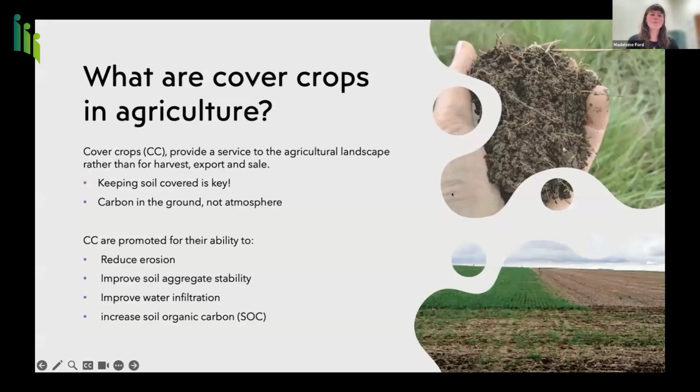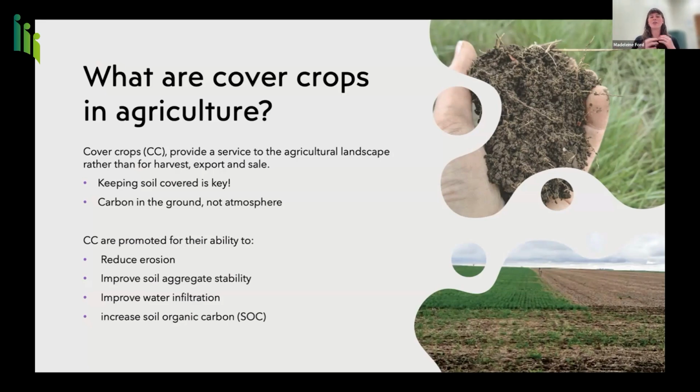So, what are cover crops? Cover crops are plants that are planted in the off season within an agricultural context. And instead of being harvested, exported, and sold, they typically provide a service to the agricultural landscape. The reason you want plants growing in the soil throughout the whole year is that the plants are there, they're photosynthesizing, they're taking carbon from the atmosphere and building it into the ground.